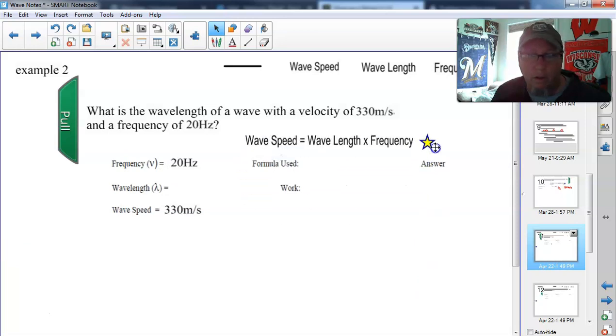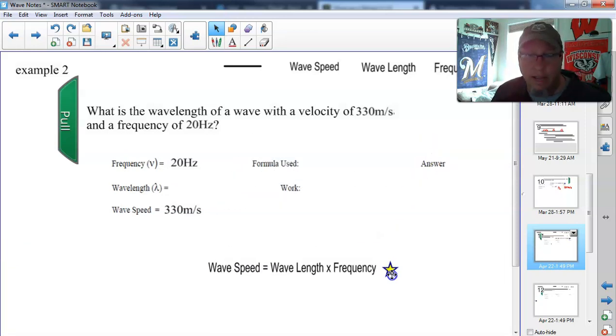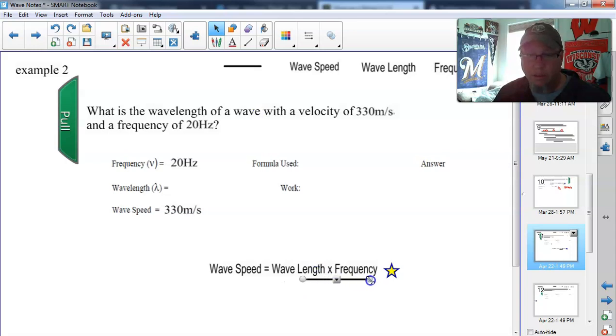The formula that I know is that, but this formula is not in a useful form because I need to find wavelength here. And if I need to find wavelength, I got to get wavelength all by itself. So what I'm going to do to get wavelength all by itself is I'm just going to simply divide both sides of this equation by frequency.